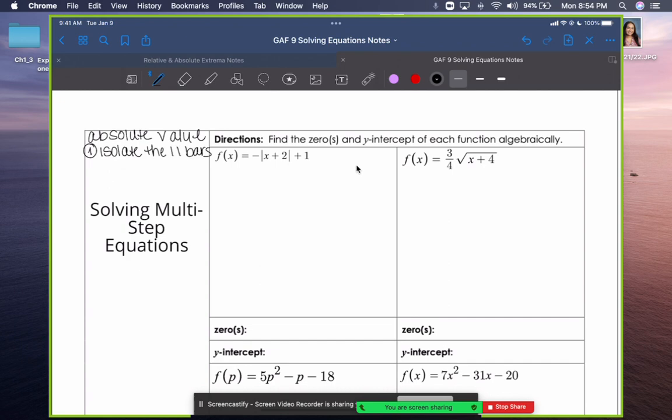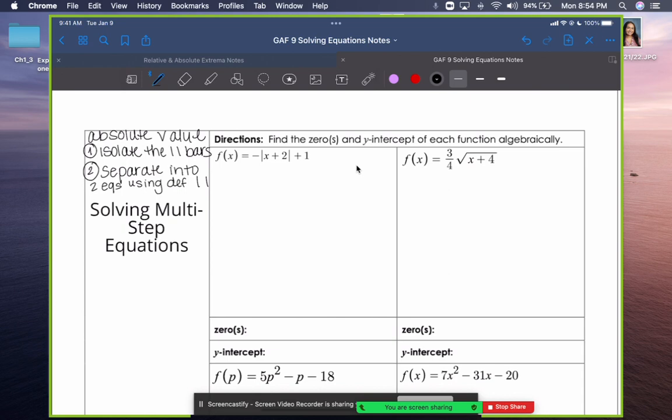These two lines right here represent those absolute value bars. The second thing that we're going to want to do is, of course, separate into two equations, and I'm going to show you exactly what that looks like. So into two equations, and we're going to be using the definition of absolute value to display that.